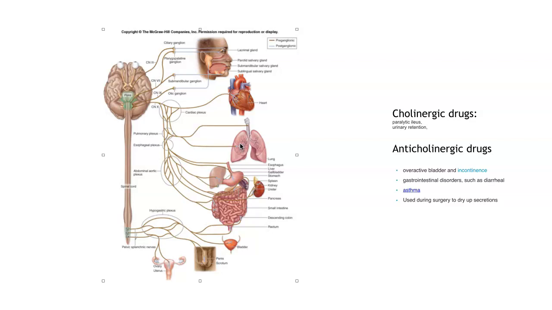It constricts the airways and it increases the secretions in those airways. If you have asthma, you do not want bronchoconstriction. You do not want increased secretions because you cannot breathe. So if you give them an anticholinergic, it's going to dry up those secretions and it will stop the acetylcholine from doing bronchoconstriction.